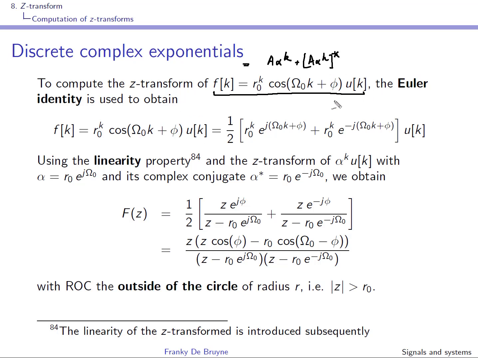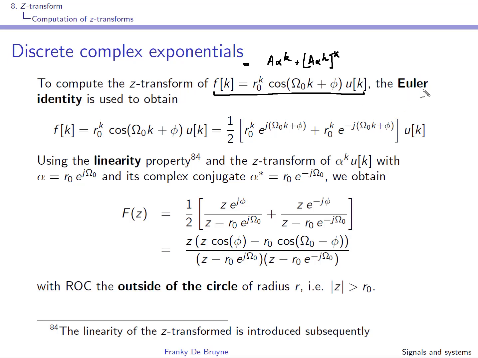In the exercises you will not encounter the Z transform of this type of signal, because otherwise it's a bit too difficult without the tables at your disposal. But you have to be able to make the link between this type of signal and the poles of the associated Z transforms, and this is what we'll show right now.